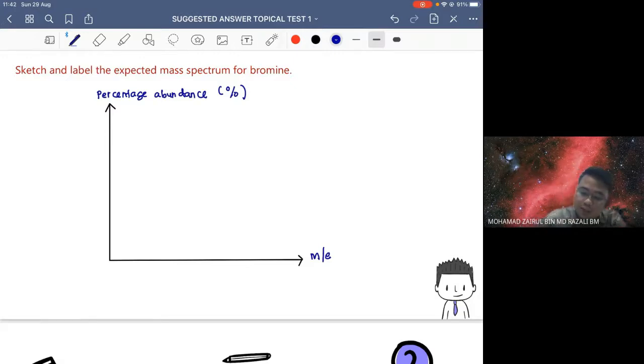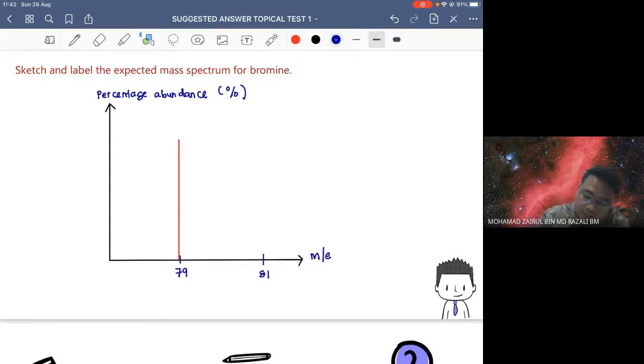Isotope 79. So, kita label mass to charge ratio 79 dan kita label mass to charge ratio 81. So, for isotope bromine 79, dia punya percentage abundance adalah 51. So, kita boleh lukis satu line.